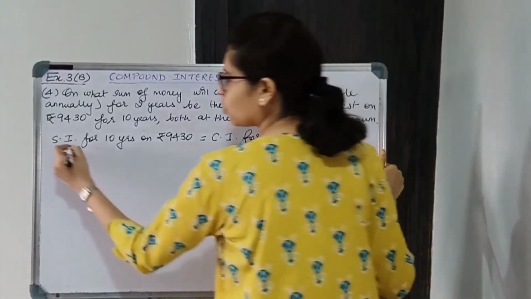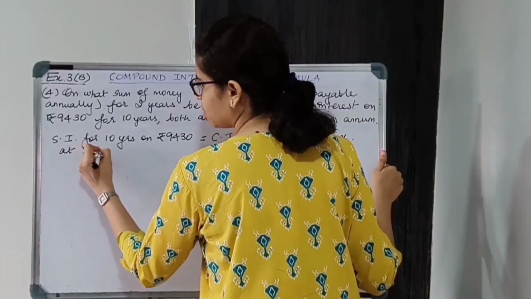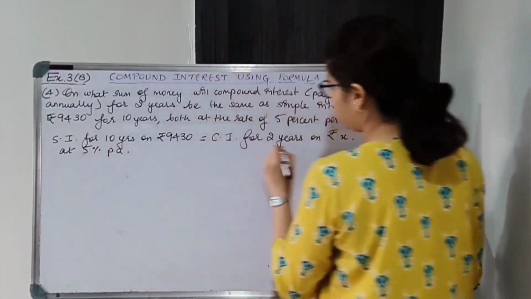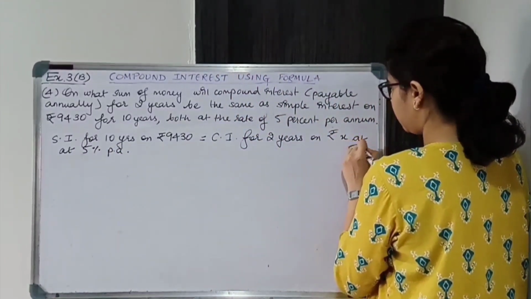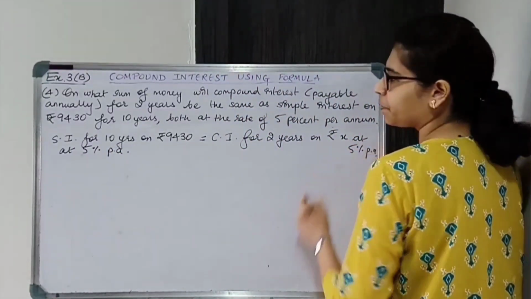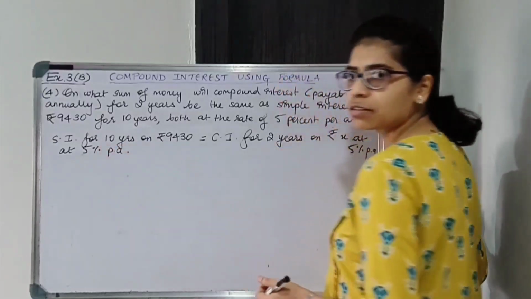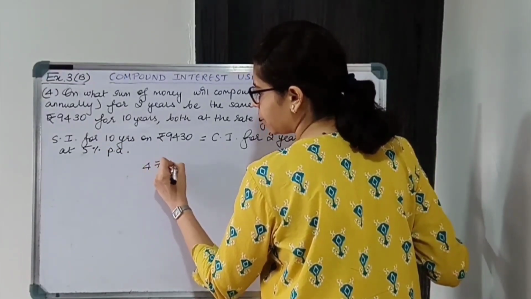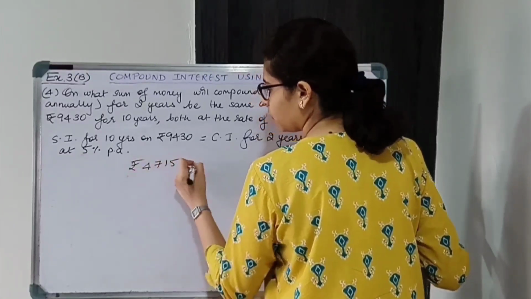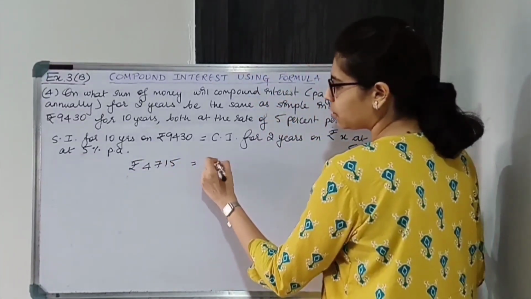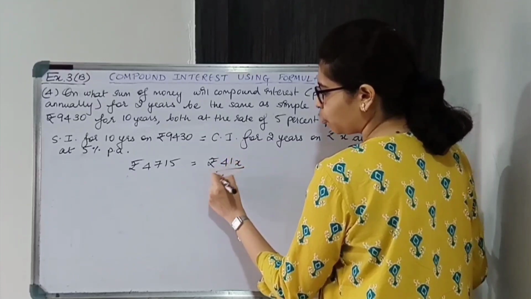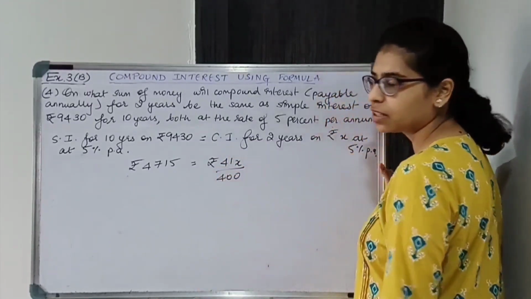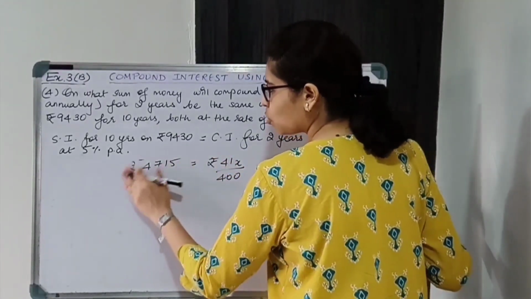Okay, so just write down over here at 5% per annum and over here also at 5% per annum. Now what was the value for simple interest? It was 4715 rupees. Okay, and over here we got 41x upon 400. Okay, so now we'll solve this.